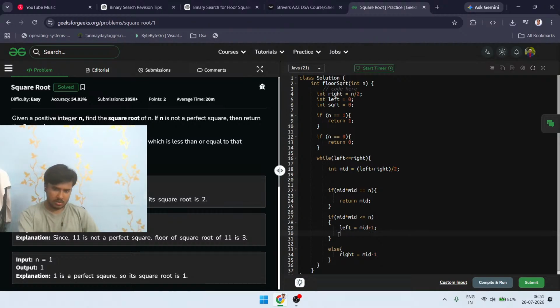Notice, if sqrt is less than n. If sqrt is less than n. No, sqrt is less than n into n.